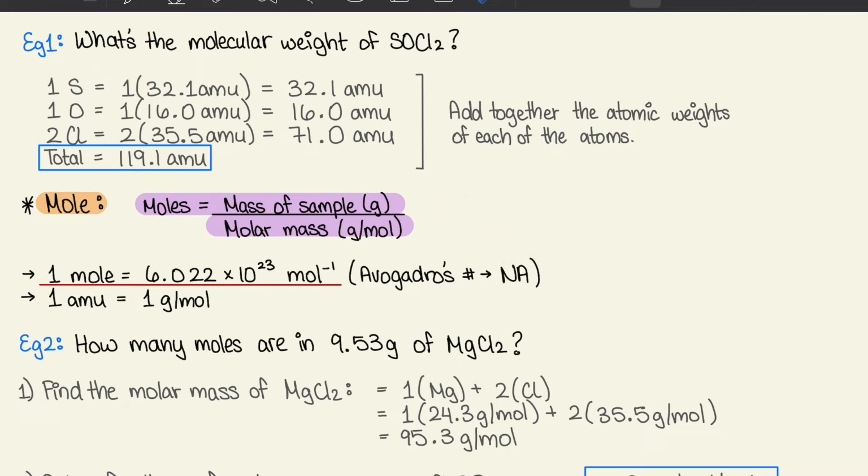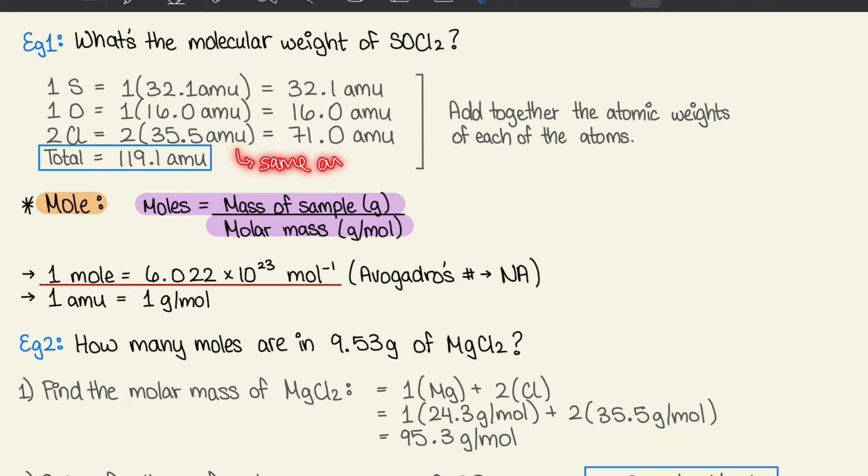So just a side note, 1 mole is equal to 6.022 times 10 to the 23 per mole, and that's the Avogadro's constant, which can also be written as N_A. And 1 AMU is equal to 1 gram per mole, like we said before. So whatever the molar mass, that will be the same number for atomic mass units.